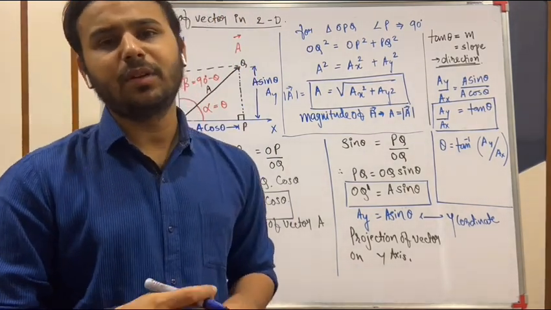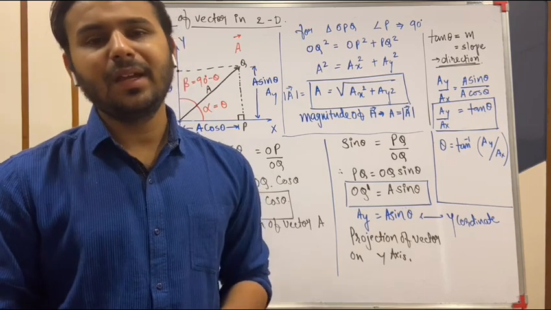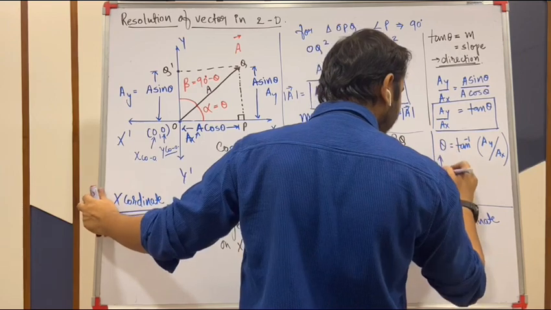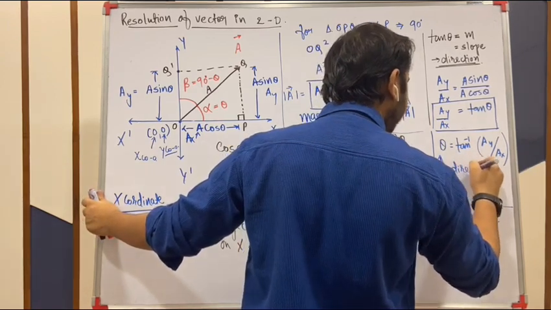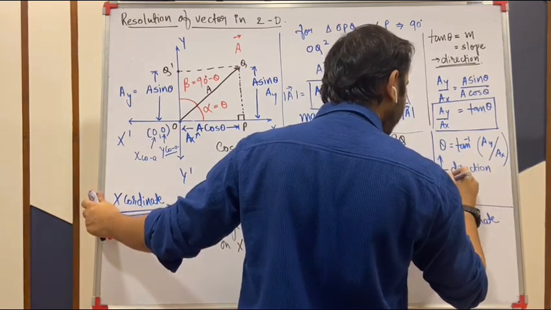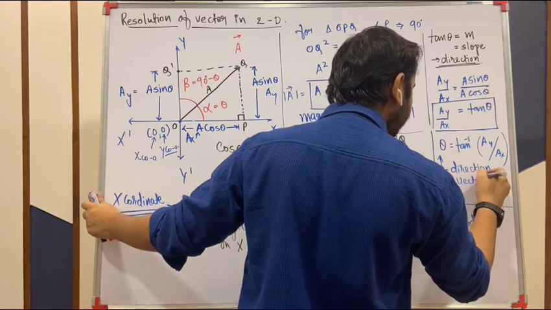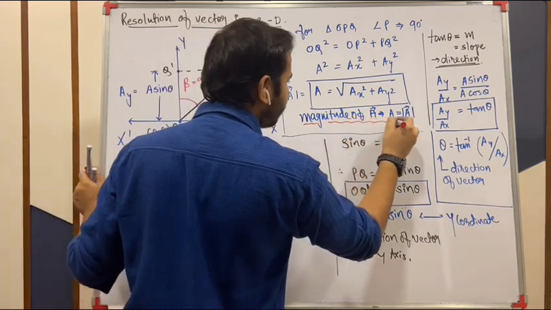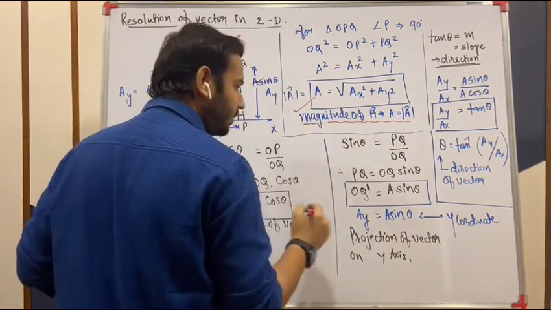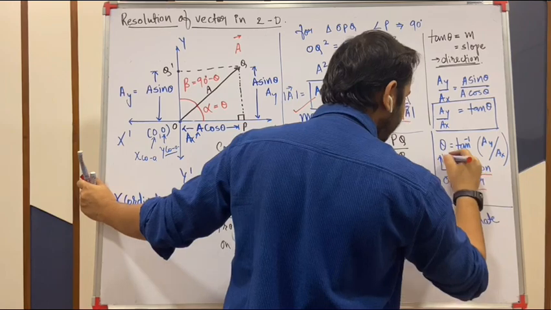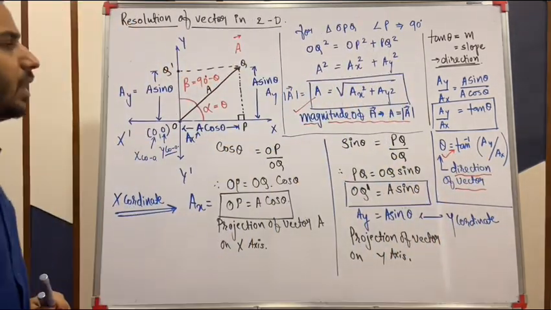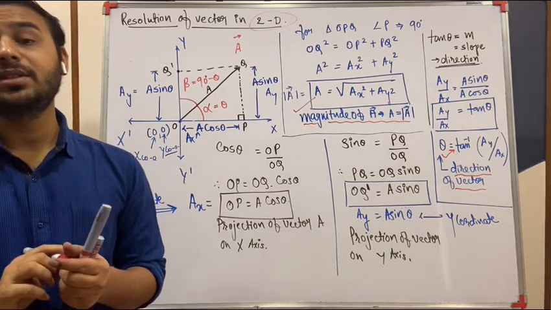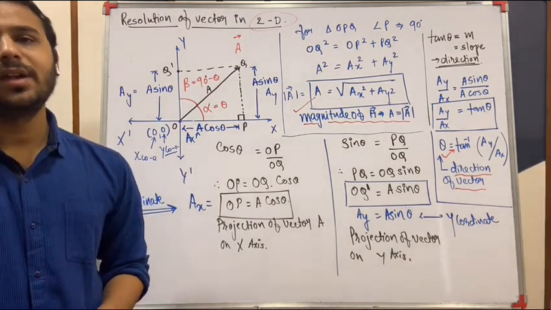AY is the y component of vector A and AX is the x component of vector A. So this is showing you the direction of the vector. This was the magnitude of the vector, and this is the direction of the vector. But the whole process is for 2 dimensions, not for 3 dimensions.